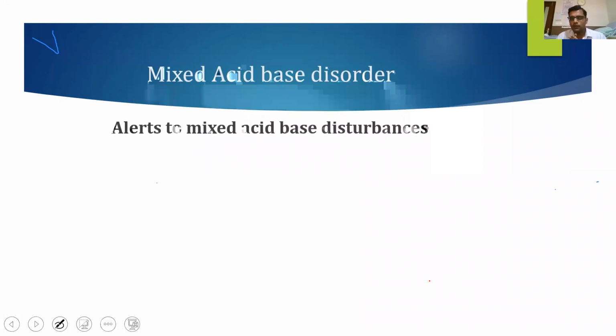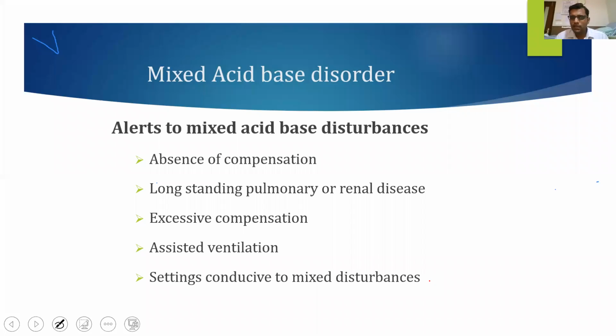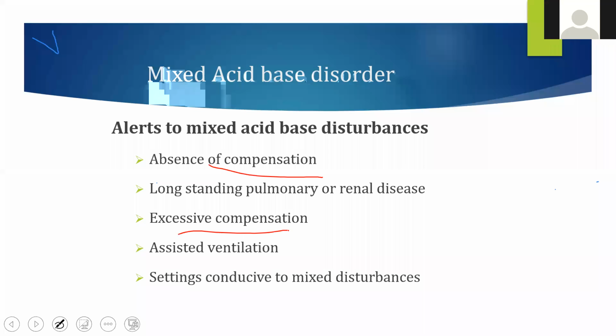So when do we have to be alerted to mixed acid-base disease? If there is absolutely no compensation, when physiologically some compensation should happen, or if there is excessive compensation, it indicates there is some other disorder operating simultaneously. If there is a long-standing pulmonary or renal disease where the body cannot compensate properly, that might also alert us to a mixed disturbance.